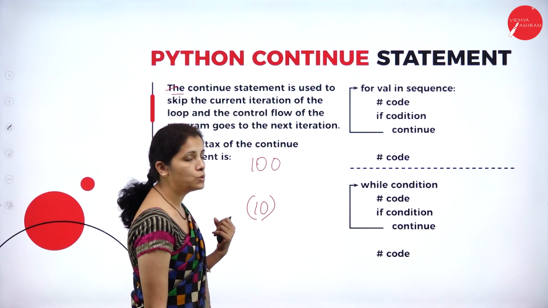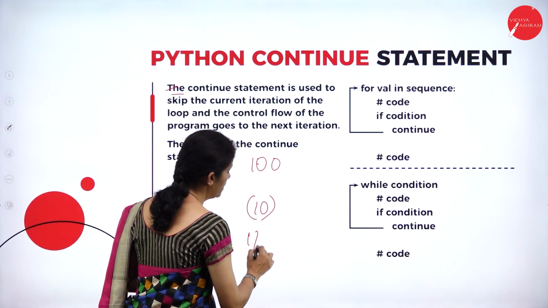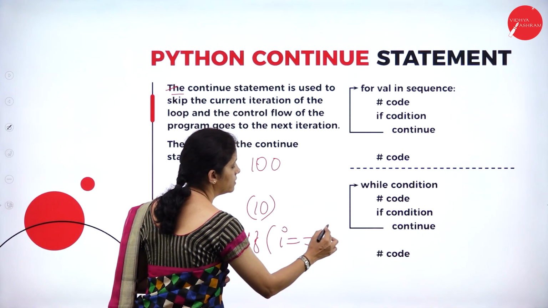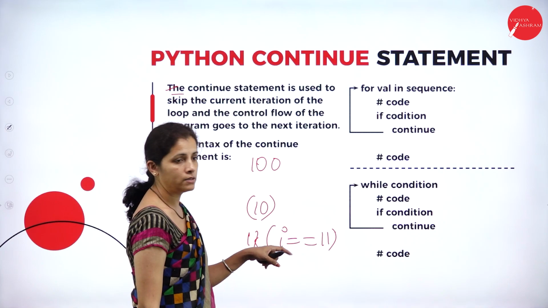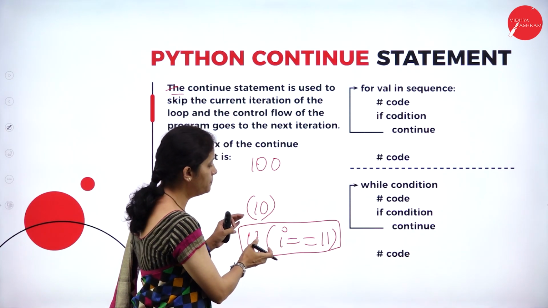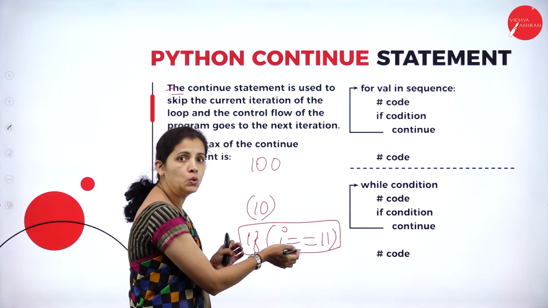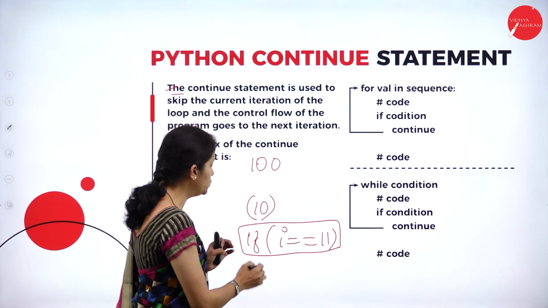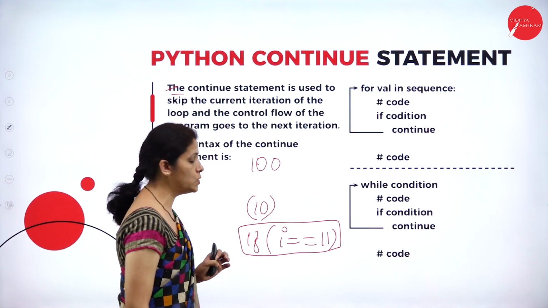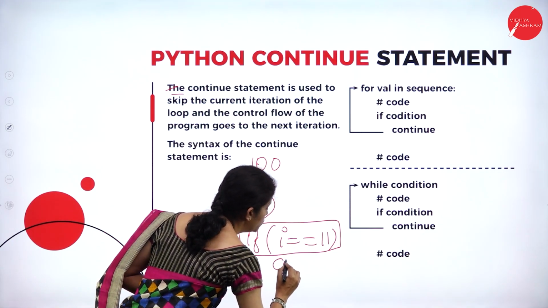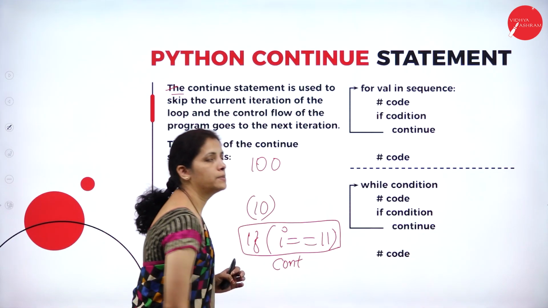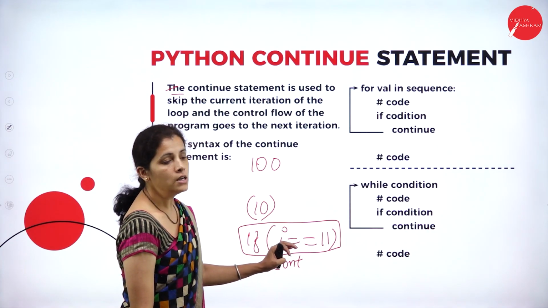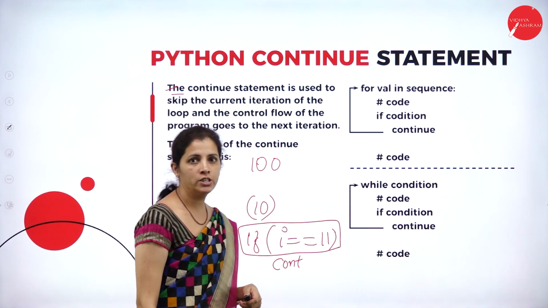So what will I do? I'm going to write the condition: if i equal to 11. When this condition is true, I'm going to write the continue statement, in order to skip the iteration.